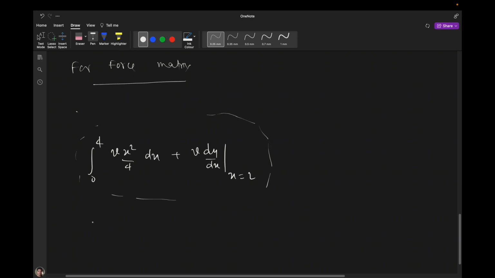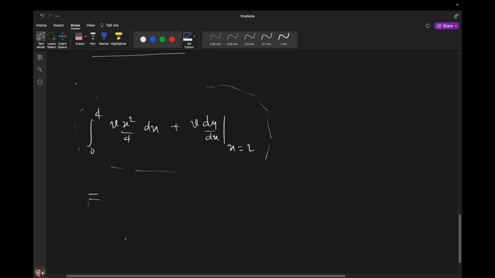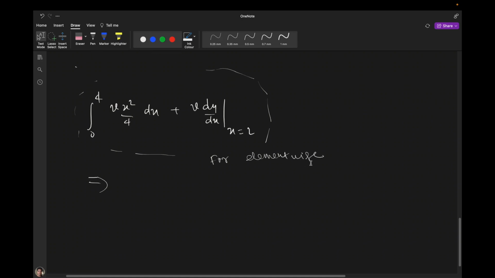Tell me, if you discretize, what is the expression I will get? For V, we will go with V transpose N transpose. Okay, no, sorry, P transpose, element wise. Tell me, what will be the integrand?